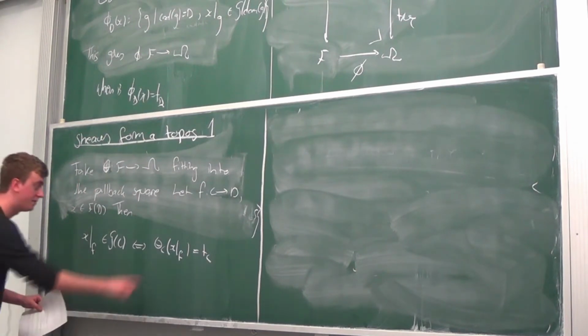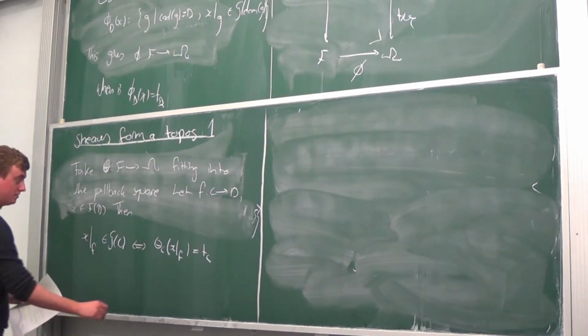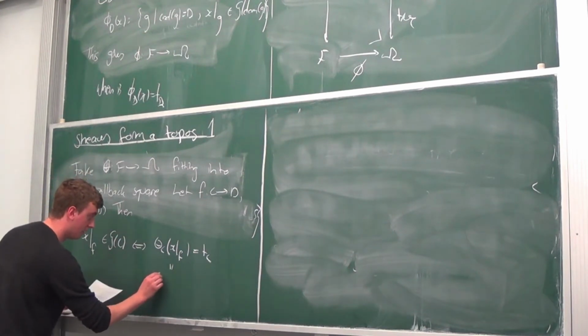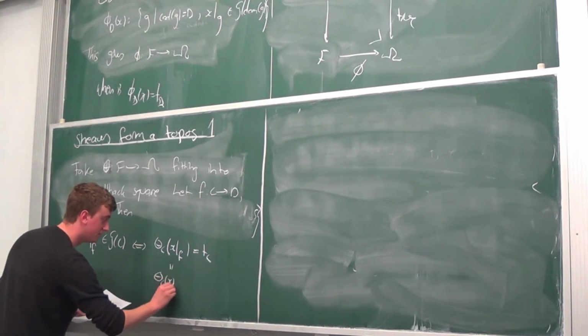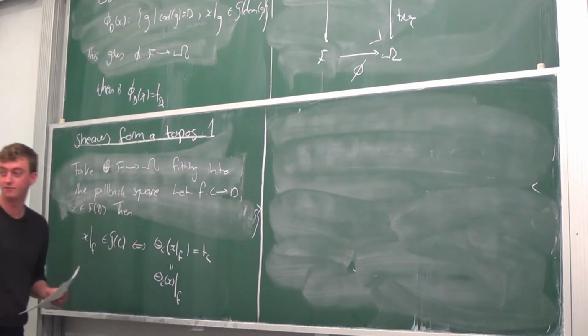But then, because this phi is natural, this is equal to phi c of x restricted along f.